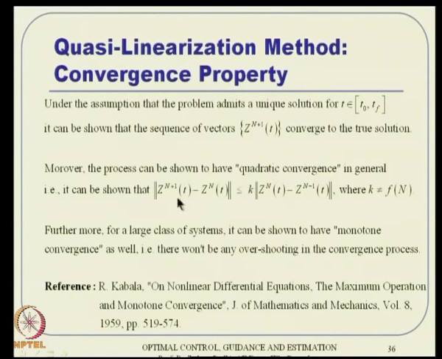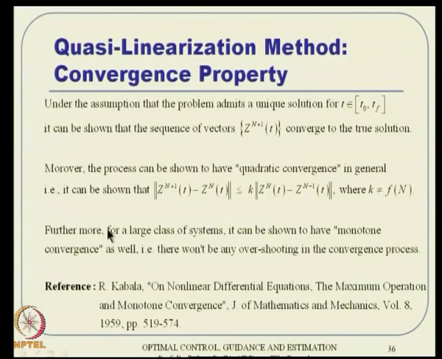That means it converges fast. Remember, the Newton-Raphson method of root finding typically satisfies this quadratic convergence. So, this kind of routine also satisfies this quadratic convergence property. More on that you can see here.